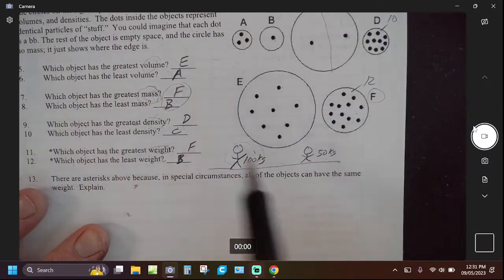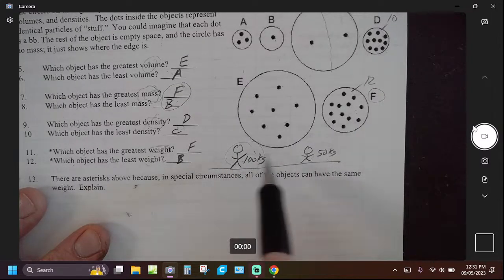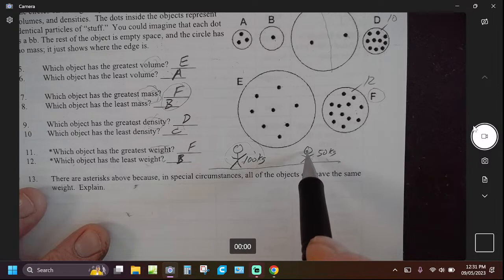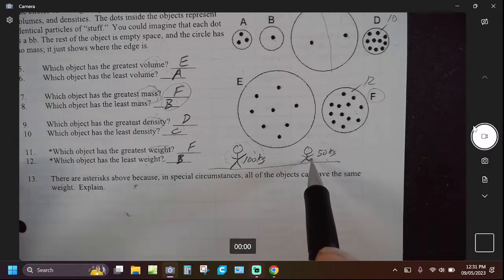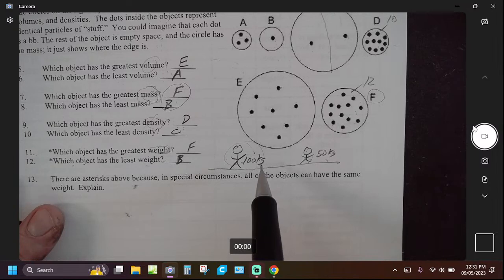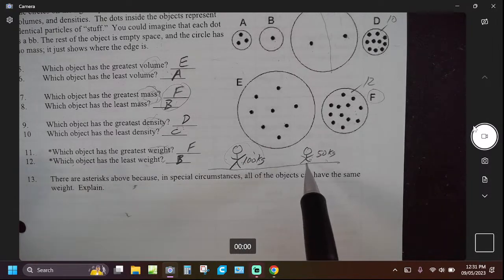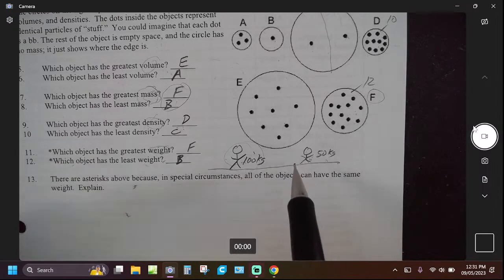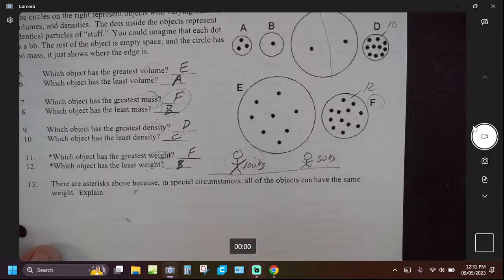How can these people weigh the same? Right. So where could I take them and neither one of them would have any weight at all? Space. Outer space. If you took these people far from the Earth, their weights would both be what? 0. So they'd have the same weight, right?